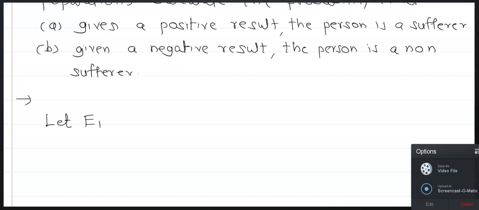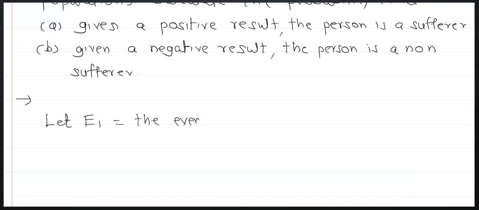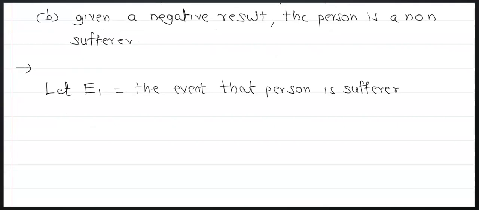Therefore, in this case, we have two events. The first, E1, is the event that the person is a sufferer, and E2 the person is a non-sufferer.